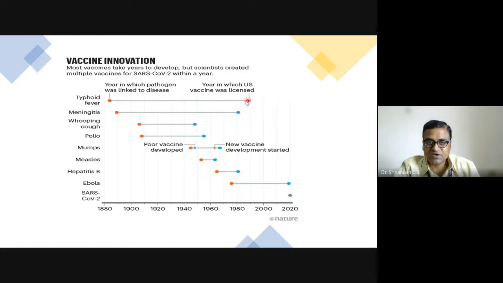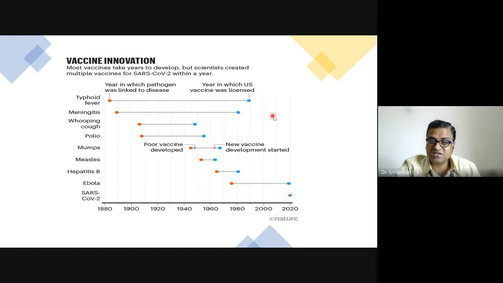So nearly 100 years it has taken, more than 100 years, for one vaccine to go through all these things and come into the market. Still, the typhoid vaccine is sometimes not very effective, but it all depends on different processes. I'm not going into it.